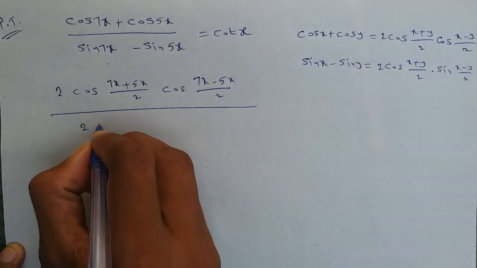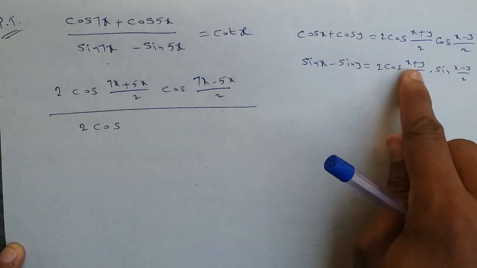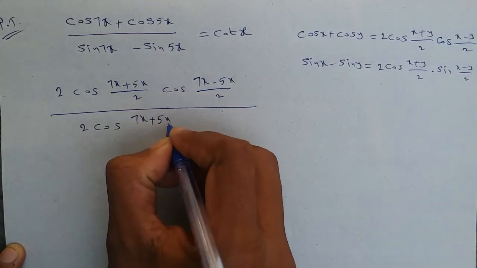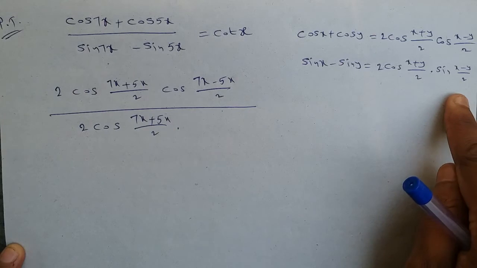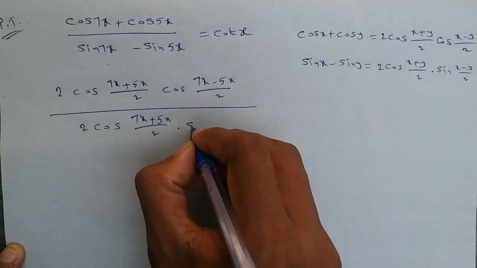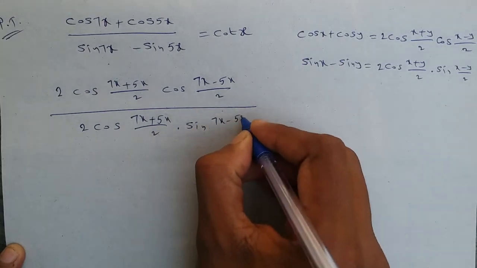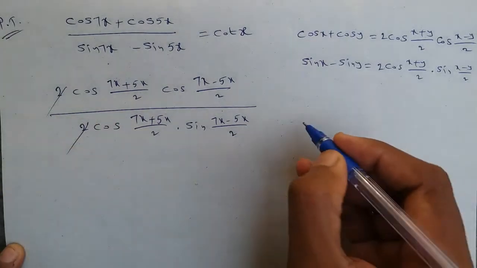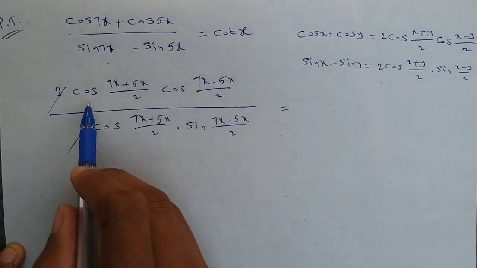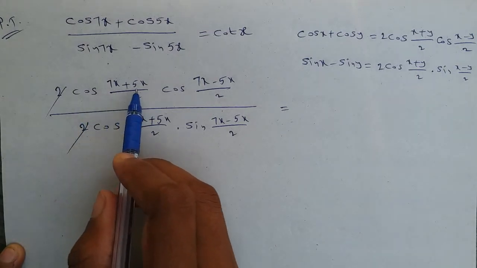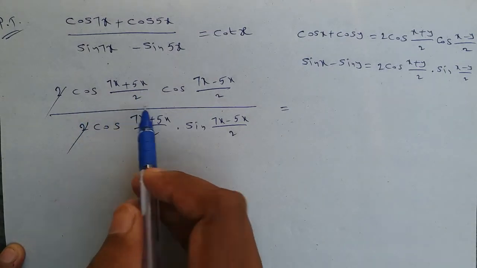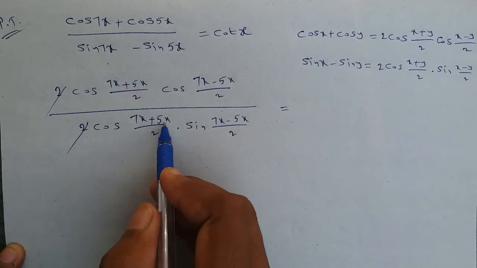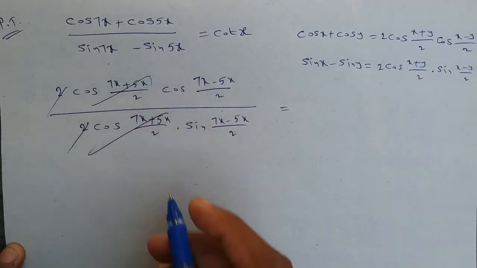So that is 2 into cos of x plus y by 2, that is 7x plus 5x by 2, into sin of x minus y by 2, sin of 7x minus 5x by 2. Here 2 will get cancelled, so still cos of 7x plus 5x, 12x by 2. The same is there in the denominator also, cos of 7x plus 5x, 12x by 2. So this whole term will get cancelled.